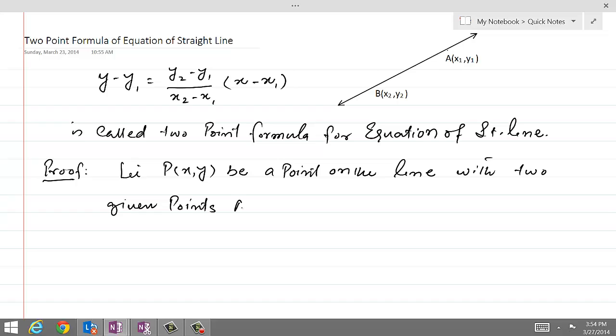Let's call them A (x1, y1), and the second point, let's call it B, with coordinates (x2, y2). So now we have a variable point P(x, y) on the line which already contains 2 points (x1, y1) and (x2, y2).